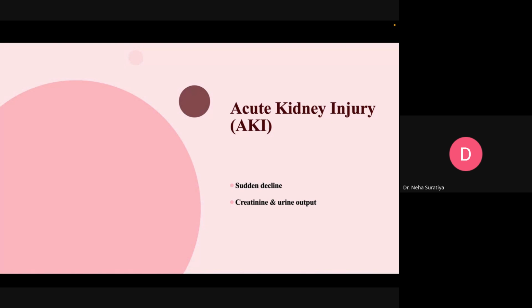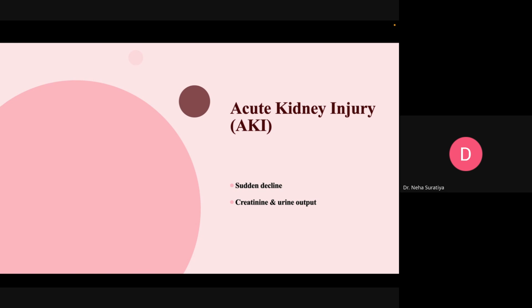It is a sudden decline in the kidney function over hours to days, and it is diagnosed by what? Rising creatinine and urine output. Okay, creatinine is a sudden increase, and urine output is suddenly reduced, right?